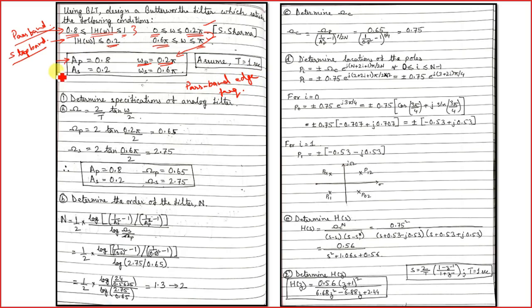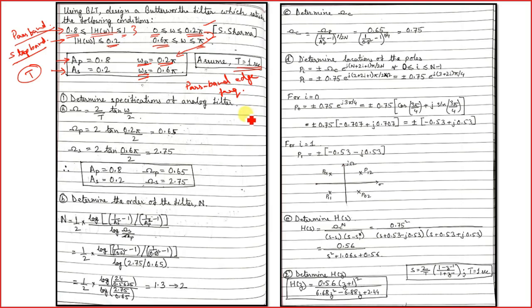Okay, similarly AS, gain in the stop band, is given by 0.2 and omega S, stop band edge frequency, is 0.6 pi. And here in this question T is not given, so we will assume that T is equal to 1 second.